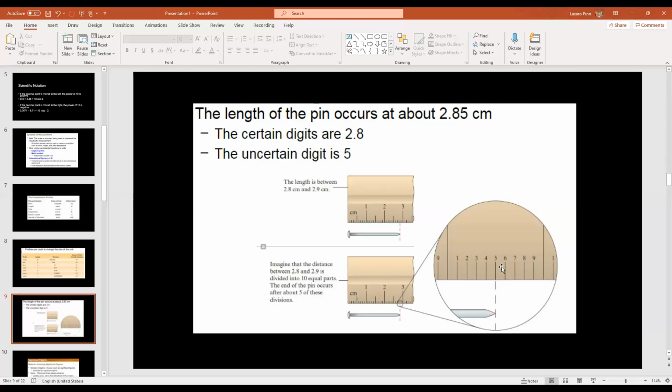So what you do in this case is to try to divide the scale between the two numbers that are in your instrument into 10 parts. And then you consider or estimate the last digit. The last digit in a measurement is always uncertain. And we call this the estimated digit.